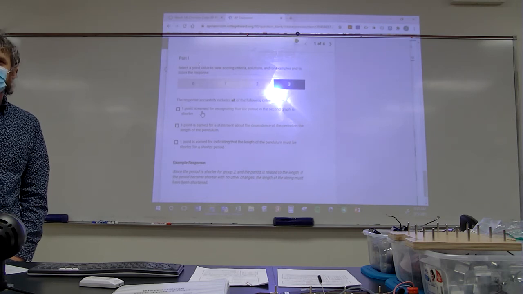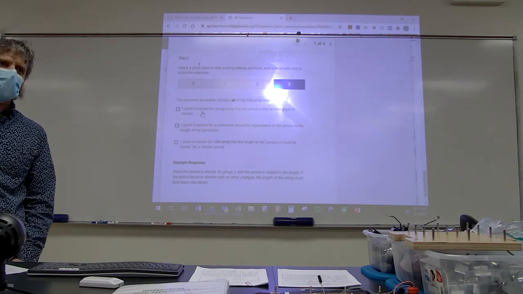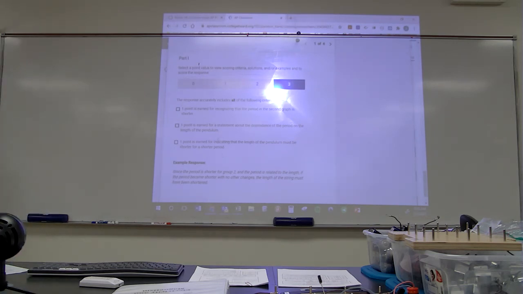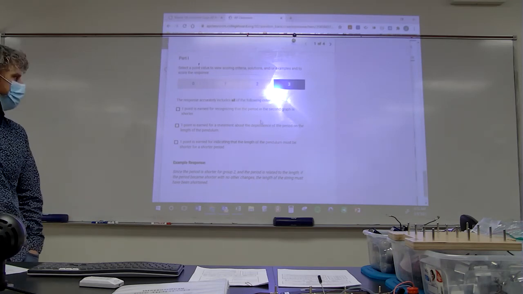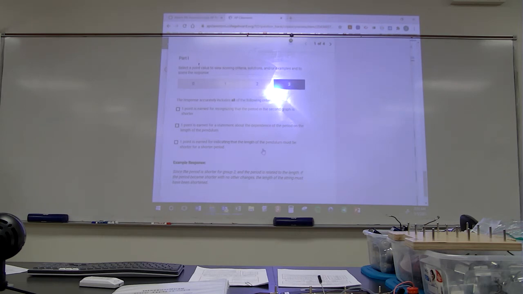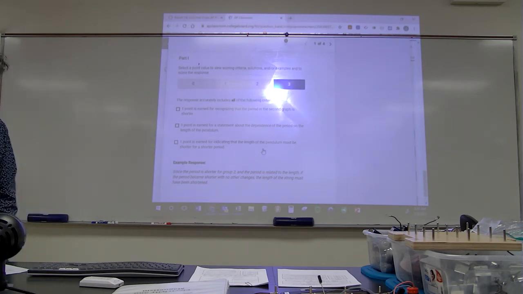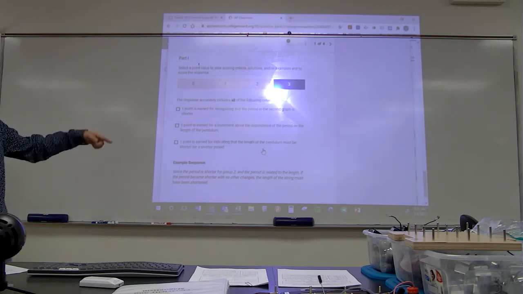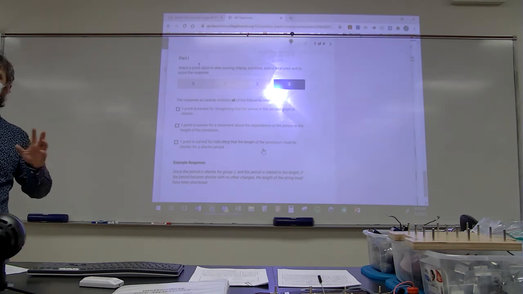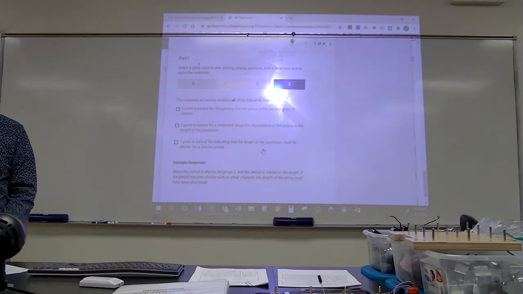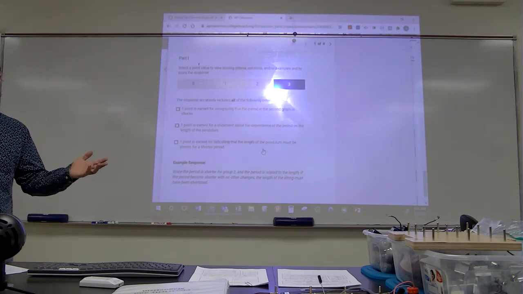You could say the time for each swing or something like that, and the reader would know that's what you mean. 1 point is earned for a statement about the dependence of the period on the length of the pendulum. 1 point is earned for indicating that the length of the pendulum must be shorter. Right. So you had to indicate the thing, and that's the length, and then you had to justify that by saying, well, the period's shorter, therefore the pendulum length must be shorter.